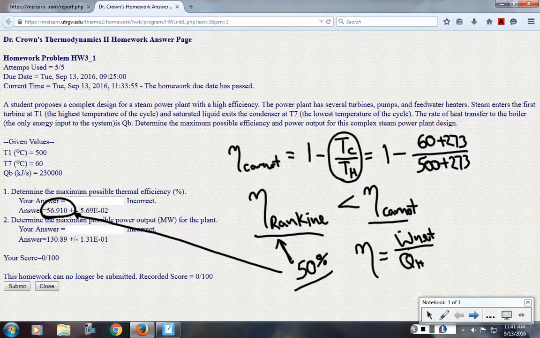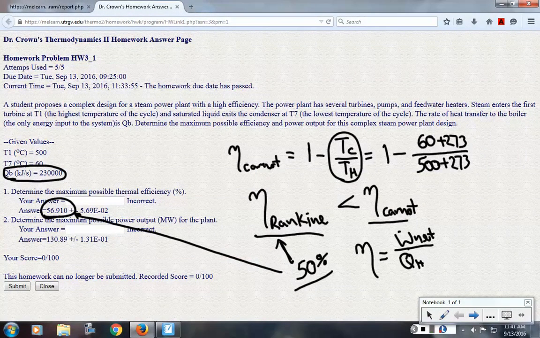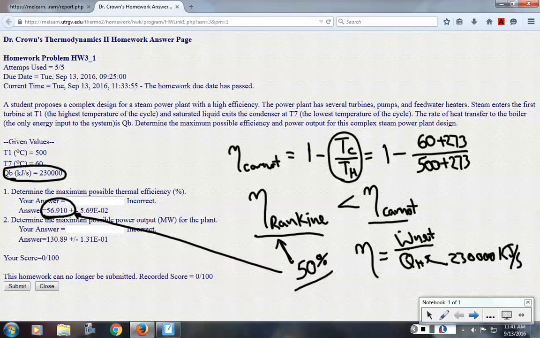And we were told the Qin, which is 230,000 kilojoules per second. So we know this high temperature heat transfer and we know the maximum possible efficiency in this case is 56.9%.